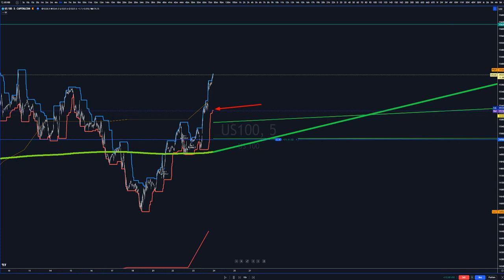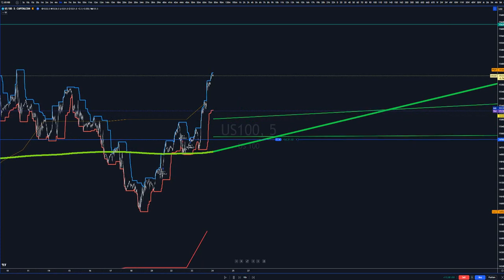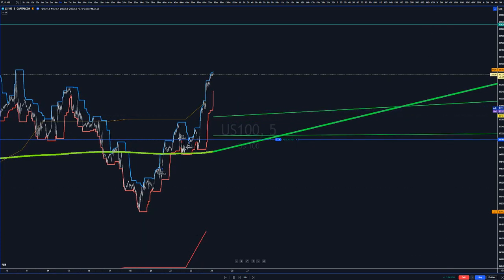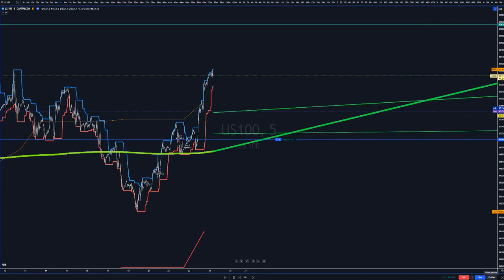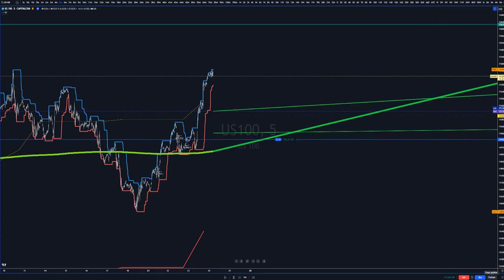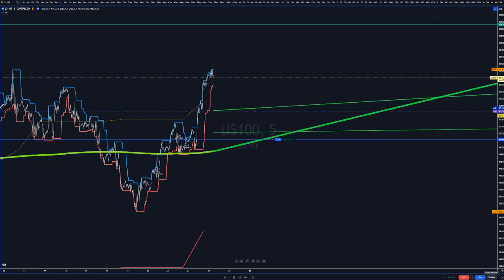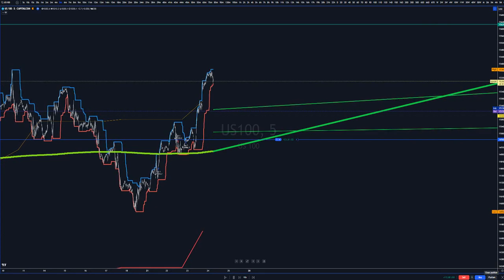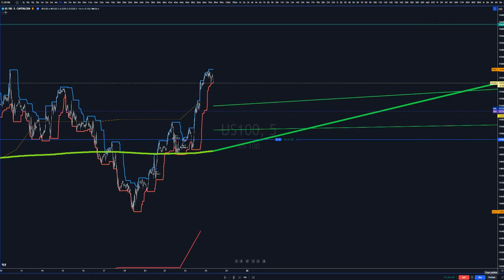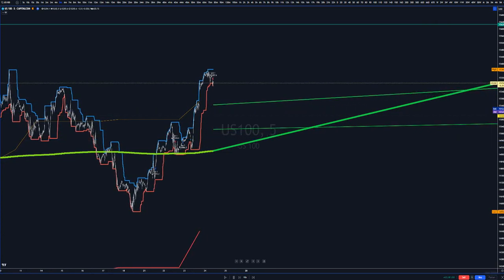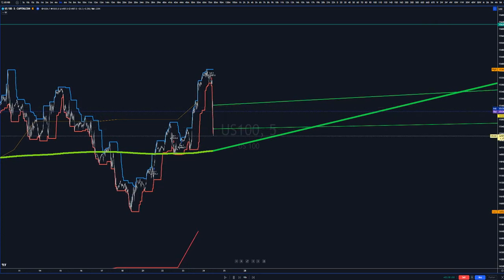So the stop will be something here. So we get out. Now we have 433.